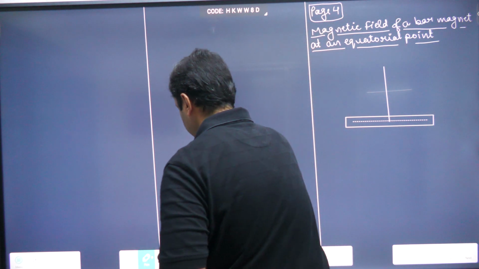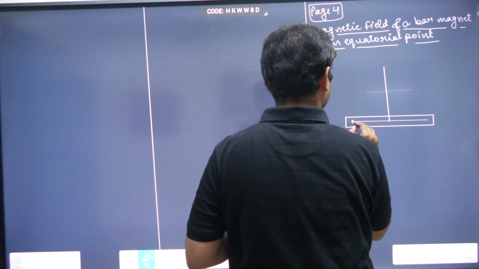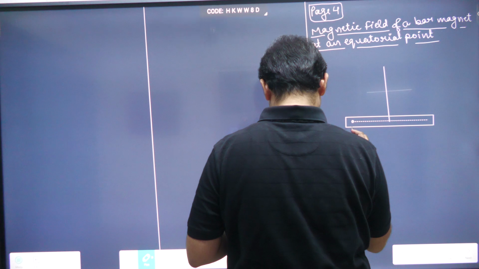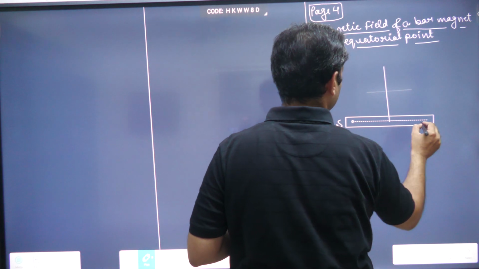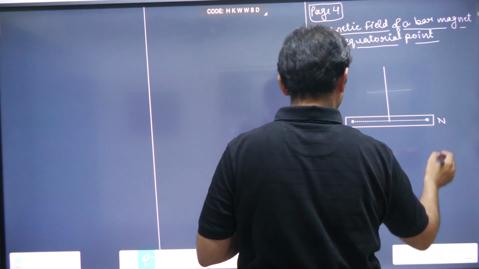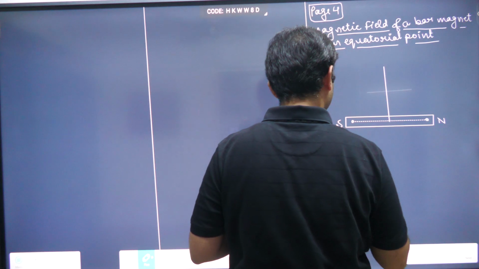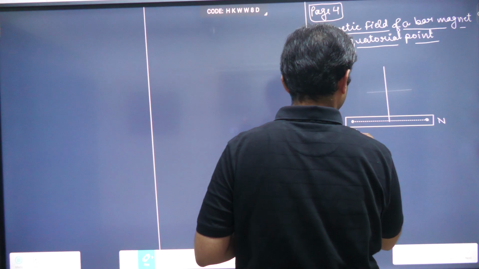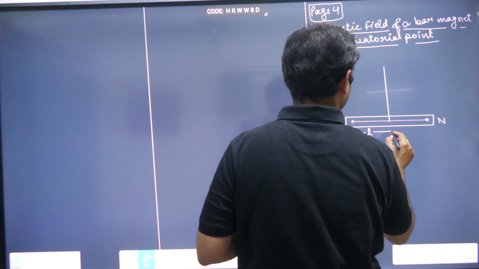This is the magnetic axis. This is the south pole, and this one is the north pole.